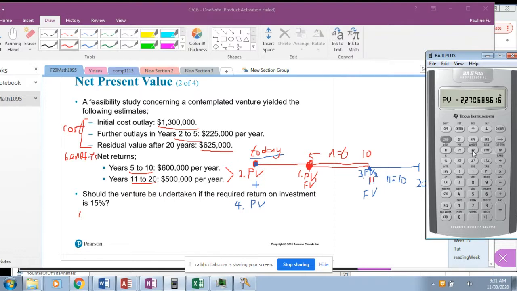I need to store this number because I need to use it later. See, this number becomes a future value. The present value of the annuity becomes a future value with reference to today. So I'm going to store this number in 1.